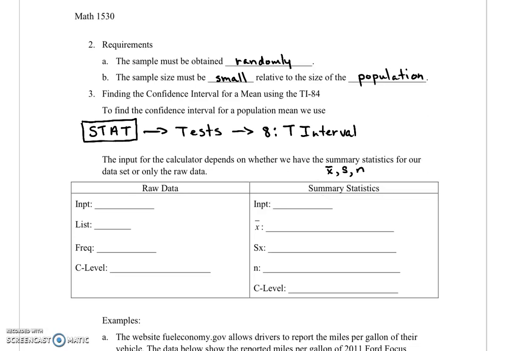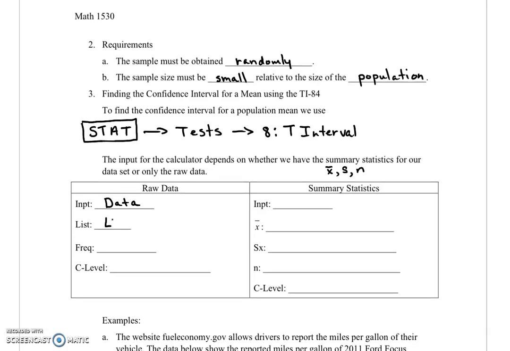So if we have the raw data, a list of numbers that we have to put in L1, where the calculator has INPT, we're going to put it on data. And I'll show you how that goes in the examples when we pull up the calculator.